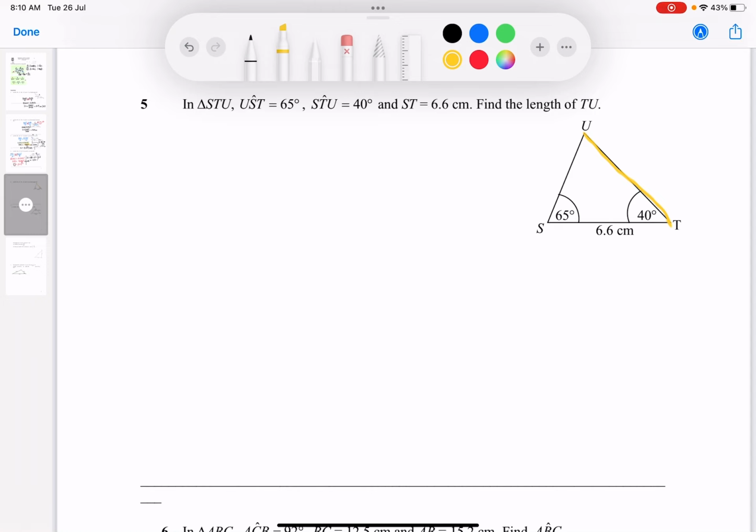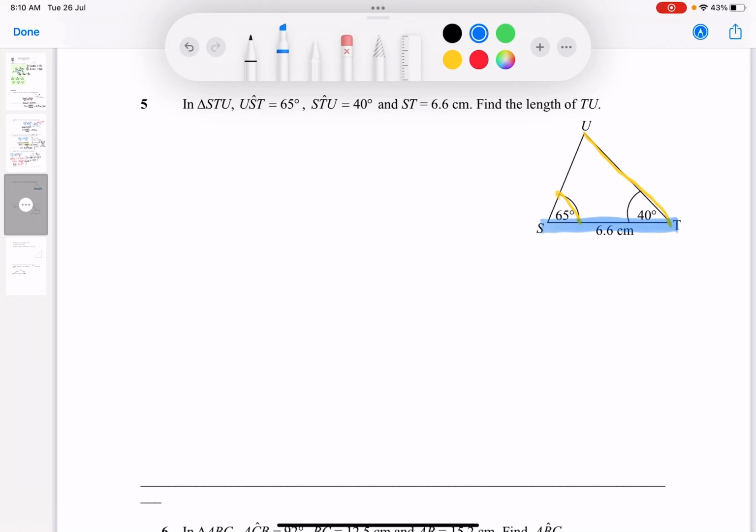Now, this side that they want us to find is already paired up with this particular angle over here. We have the side and the angle. But we have another side, which I'll highlight over here.